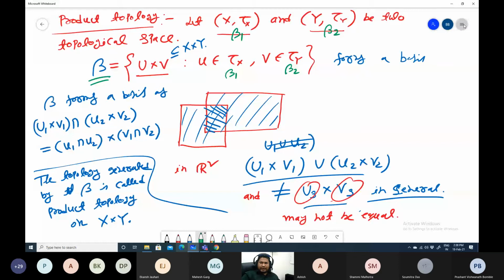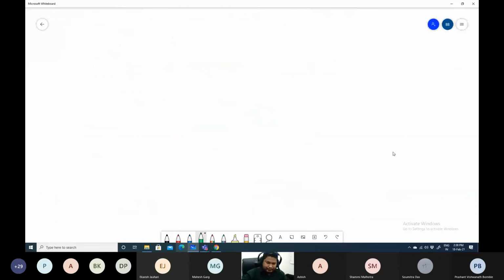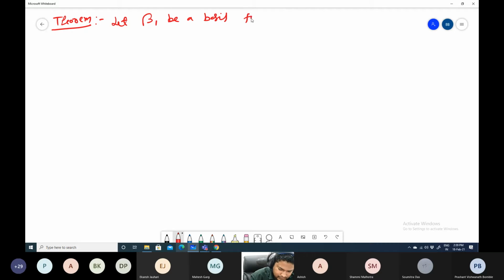Theorem: let beta 1 be a basis for a topology on X1 and beta 2 be a basis for a topology on X2.